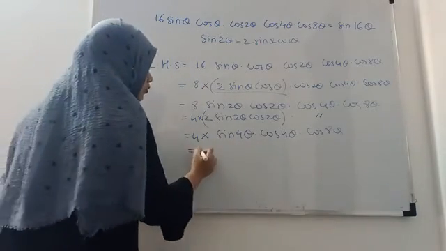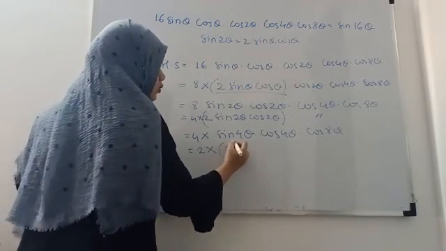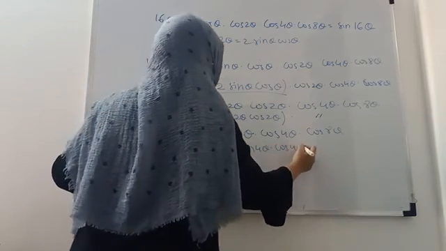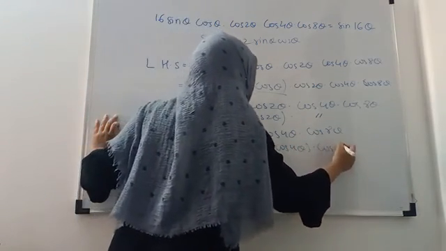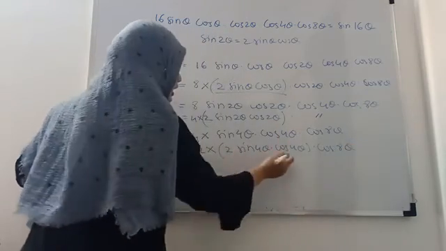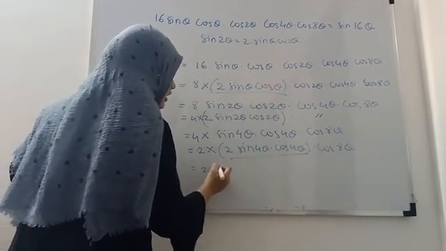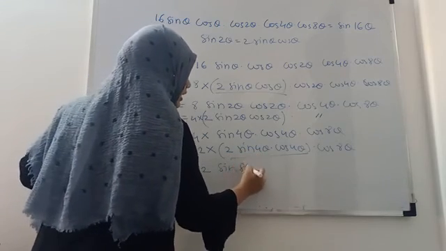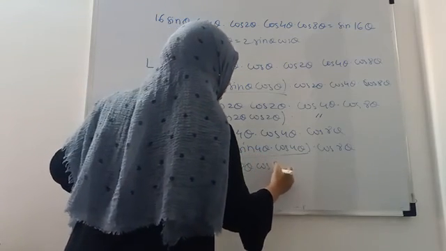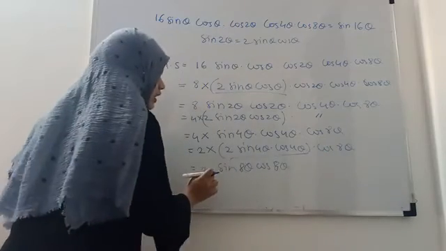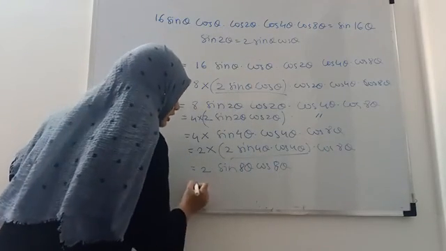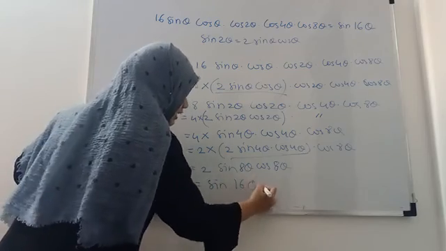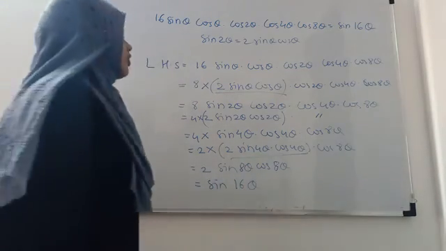Again do the same. 2 into 2 times sin 4 theta cos 4 theta into cos 8 theta. Again this is equals to what? It is sin 2 into 4 is 8 theta and cos 8 theta as it is, this one. Now 2 sin 8 theta cos 8 theta, it will be sin 16 theta, and which is your RHS.